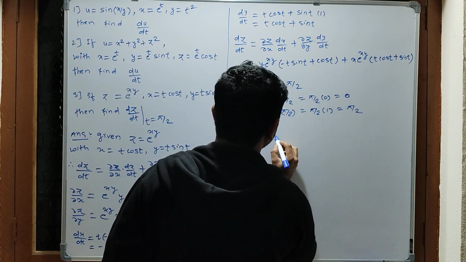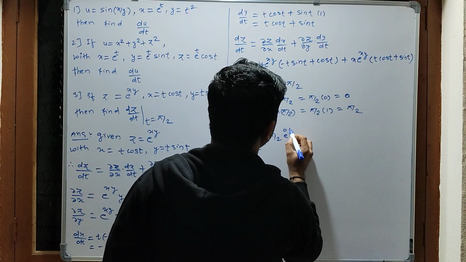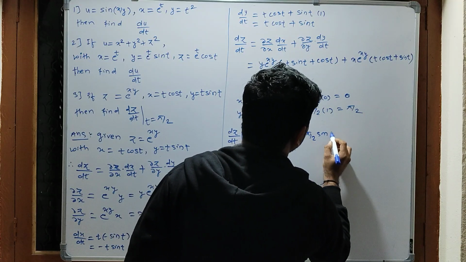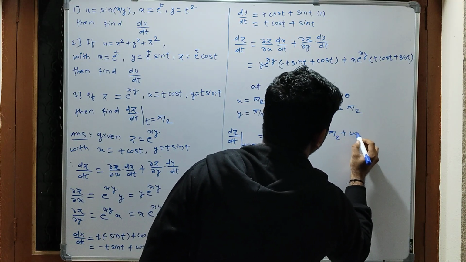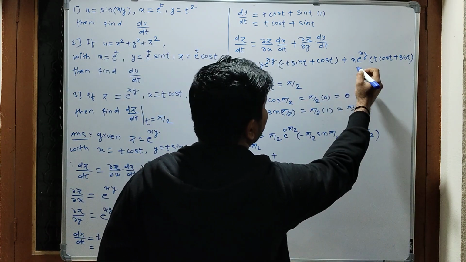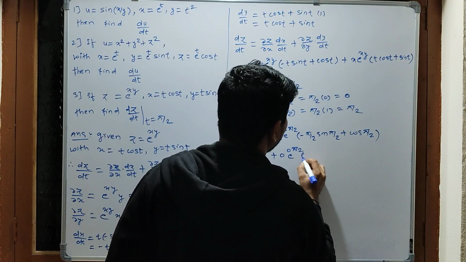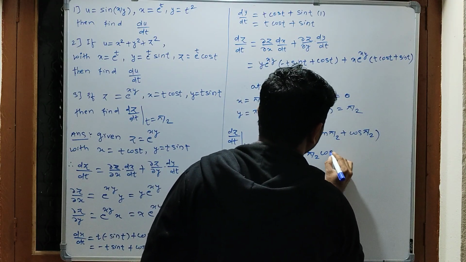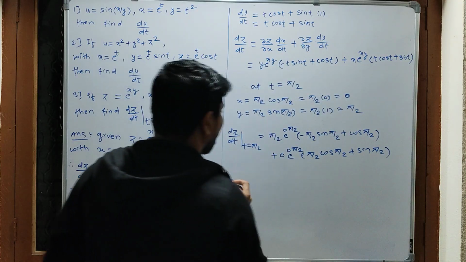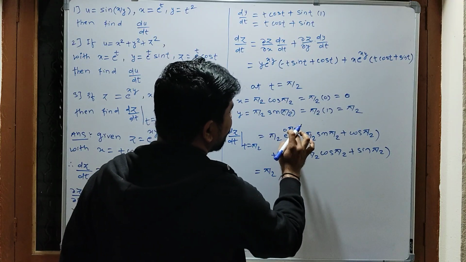So e to the power 0 into y, which is pi by 2, times minus pi by 2 sin pi by 2 plus cos pi by 2, plus this term: 0 into e to the power 0, into pi by 2 cos pi by 2 plus sin pi by 2. Now which is equal to pi by 2, e to the power 0 into anything is 0, and e to the power 0 is 1.